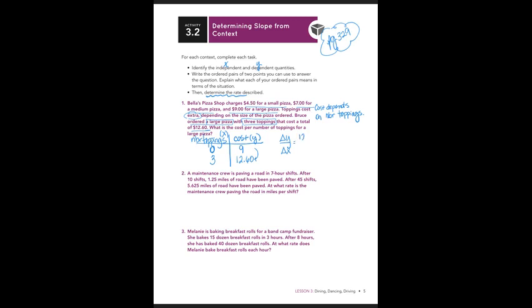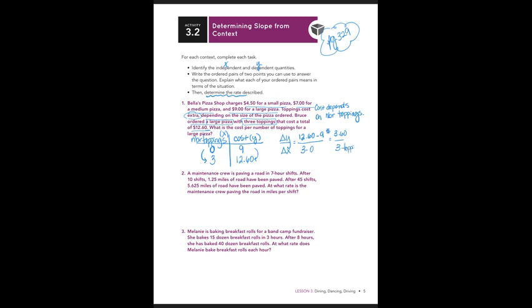So I'm going to find out how much of an increase that is. $12.60 minus $9, that is $3.60. Over on the number of toppings there, I went from 0 to 3. Well, that's an increase, obviously, of 3 toppings. So it costs $3.60 for 3 toppings.